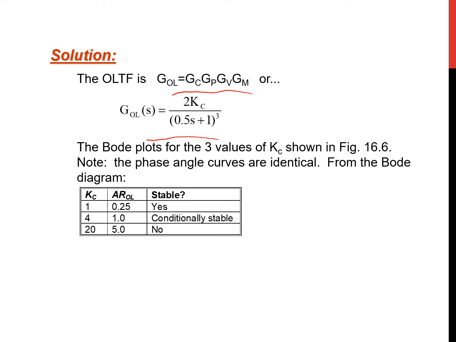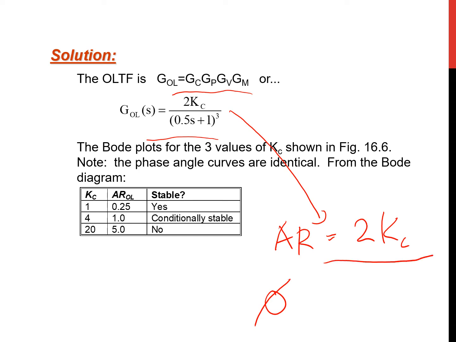Based on this, you need to develop the amplitude ratio and the phase angle. For the amplitude ratio, it will be 2Kc over the square root of (0.5² ω² + 1, which is 0.25ω² + 1), to the power of 3, because you have three transfer functions of 0.5s + 1.